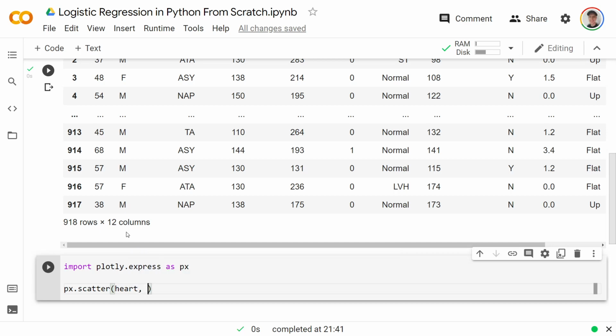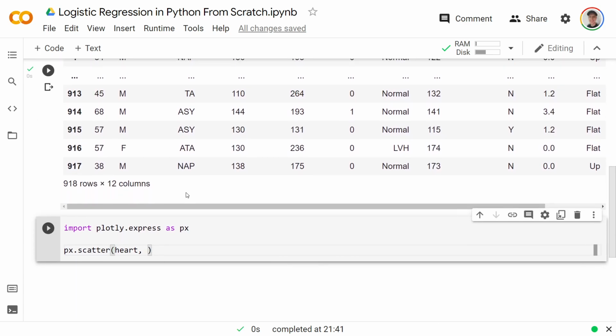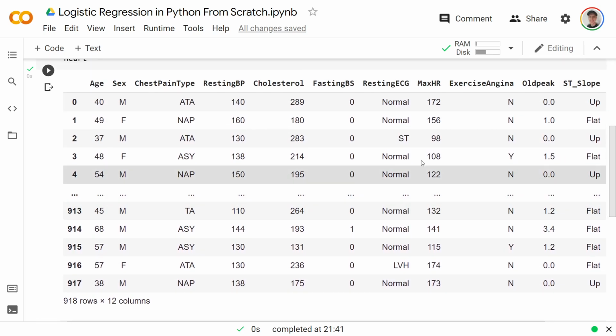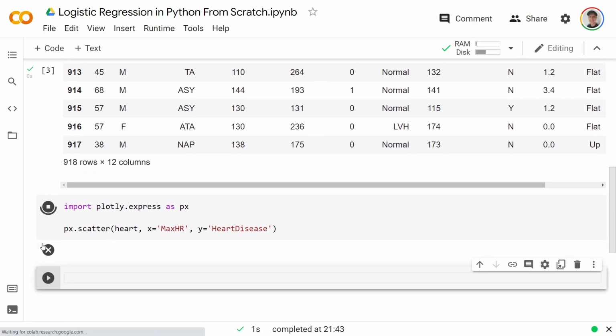We can actually pass the first item as the data frame itself. That's what we called this pandas data frame here, heart. And we can pass heart and set the x-axis equal to just a column name, MaxHR. So that's saying the x-axis is going to be these values. We'll set the y-axis. y is equal to HeartDisease. And then I'll also set, I'll just show you what that does for now.